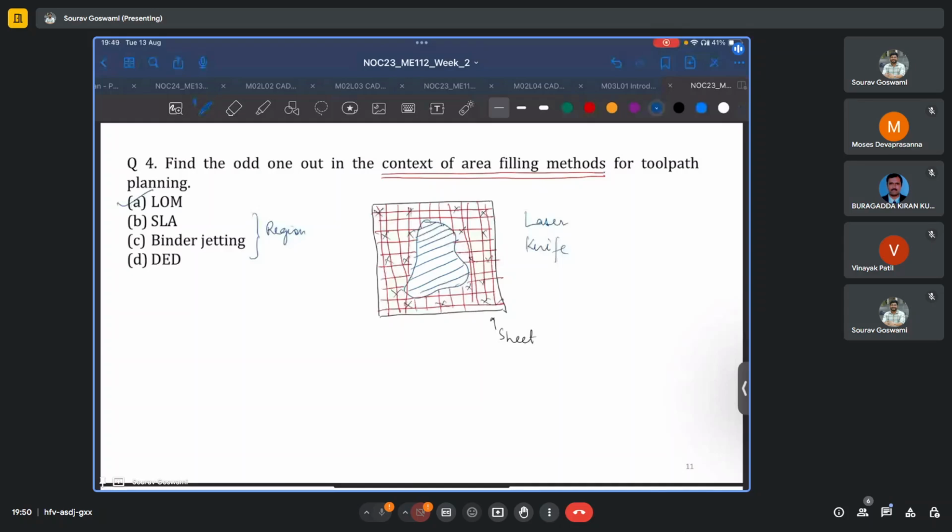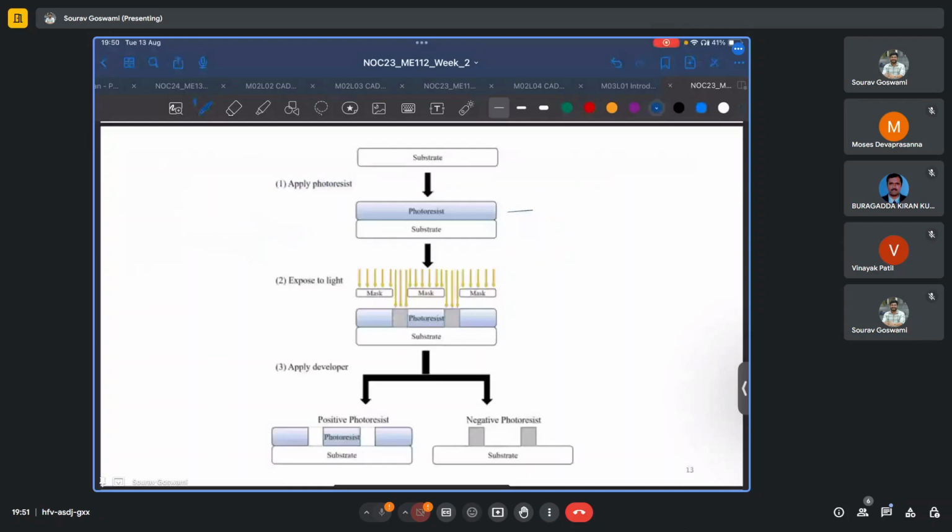So in lithography, we have a substrate on top of which we apply this photoresist material, and then we place a mask on top of this and expose it to a suitable radiation. Now, the mask has certain gaps in between, which are the features, and through these gaps, the light selectively enters.